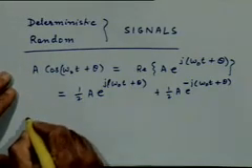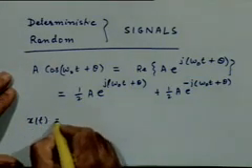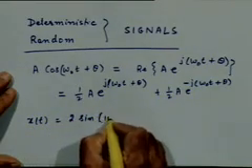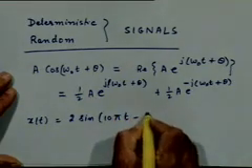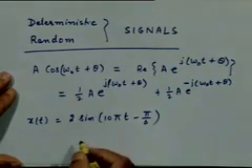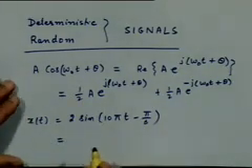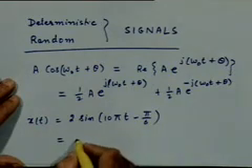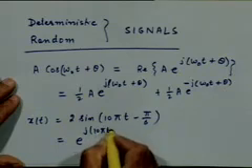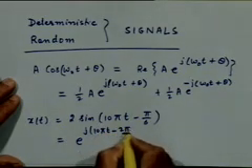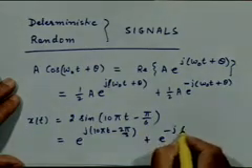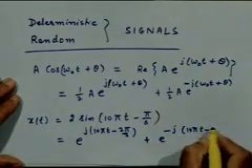Similarly, if you have, let's say, a signal like this, this is just an example, right? You can express it, if you were to carry out some simple trigonometric manipulations, as e to the power j 10 pi t minus 2 pi by 3 plus e to the power minus j 10 pi t minus 2 pi by 3.